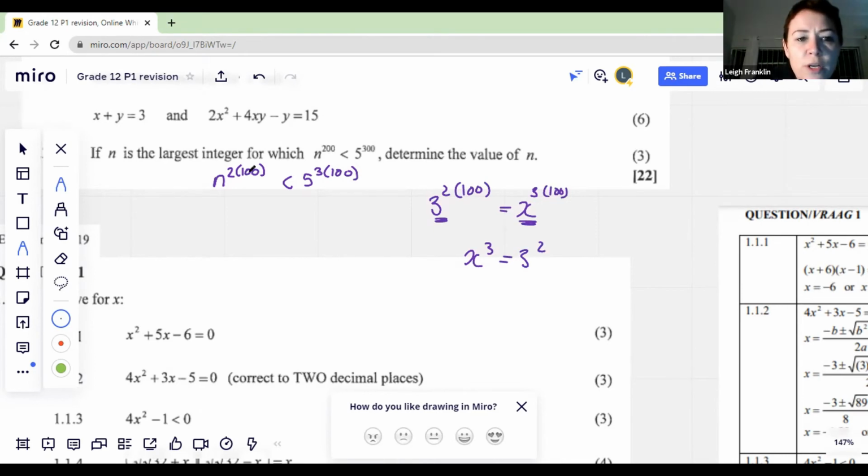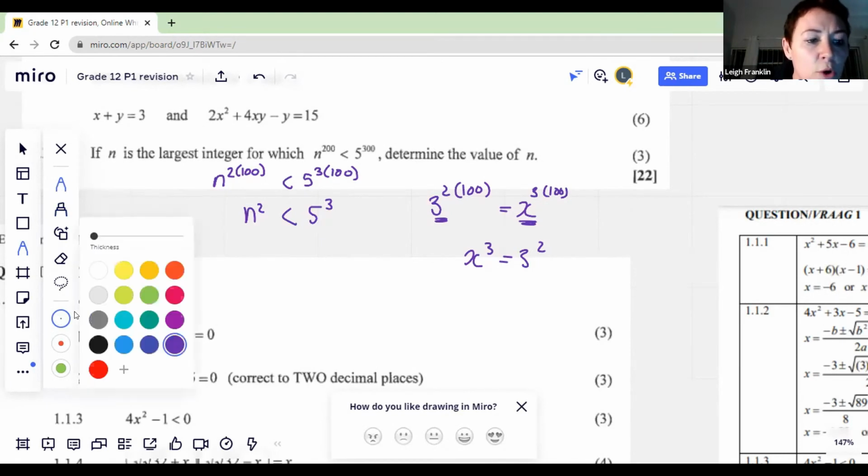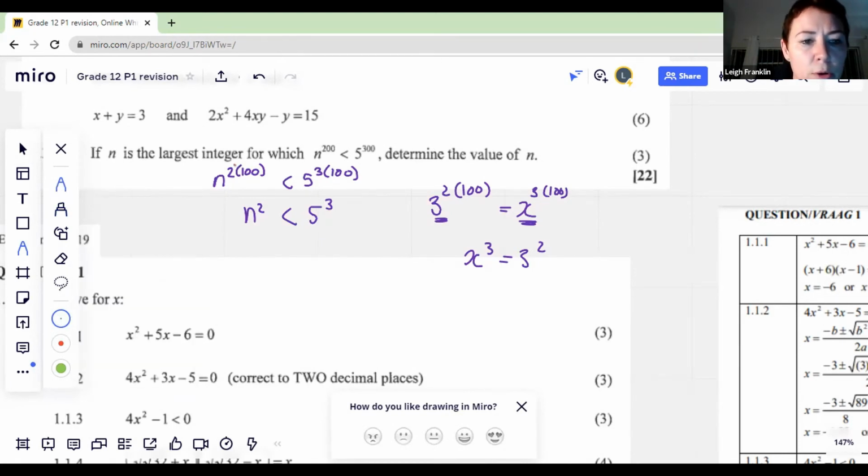So because you've got an exponent of 100 in both of these, not that you're equating it, it's an inequality in this case, but we've got n squared is going to be smaller than 5 cubed. Does that make sense? So because we're raising both of them to the power of 100, that means that we are allowed to work with the n squared and the 5 cubed.